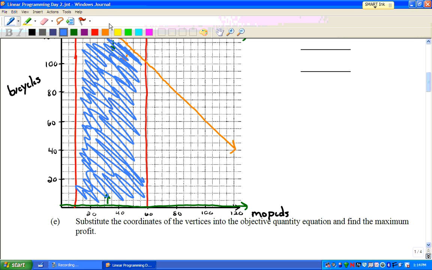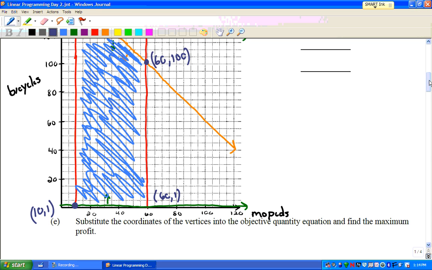Now, again, remember we want to locate all of my vertices. So we have this one right here. This one is at 10, comma 1. This vertex right here is at 60, comma 1. This one right here is at 60, and then it goes up to 100.